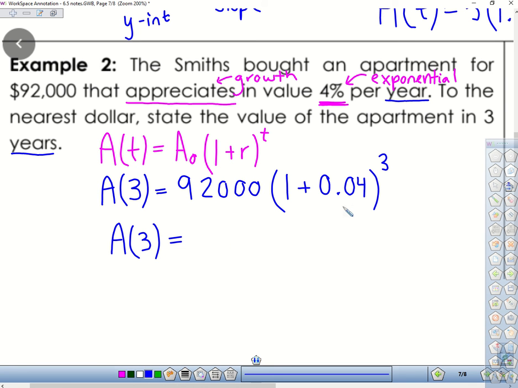So you're going to do 1 plus 0.04 to the third power times 92,000, and we get $103,487.49. So do I have any questions about the math here?